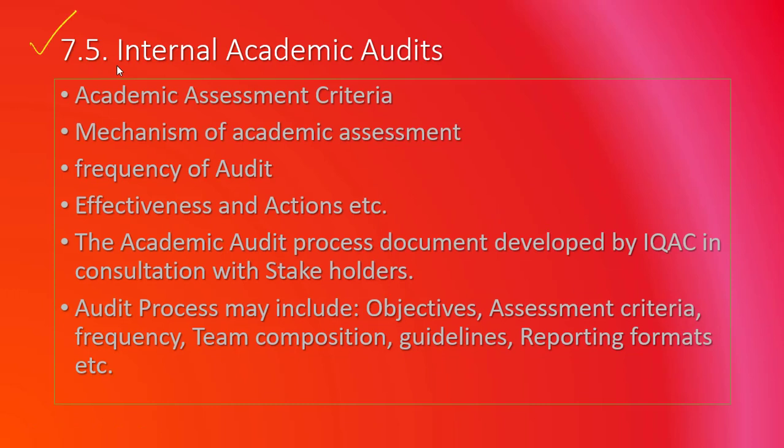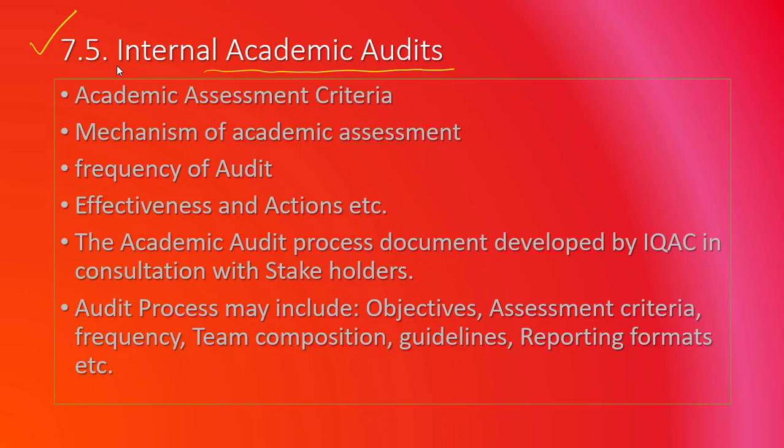Criterion 7.5 deals with internal academic audit. This is one of the most important parts of continuous improvement. The audit will review the complete academics and implementation of corrective actions on a continuous basis. The visiting team checks these things and awards marks on the basis of these activities, including the action plan suggested by the audit team.